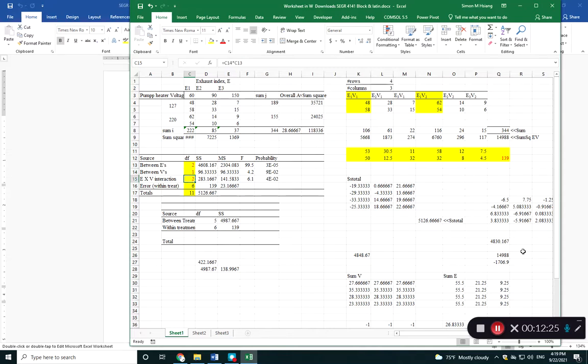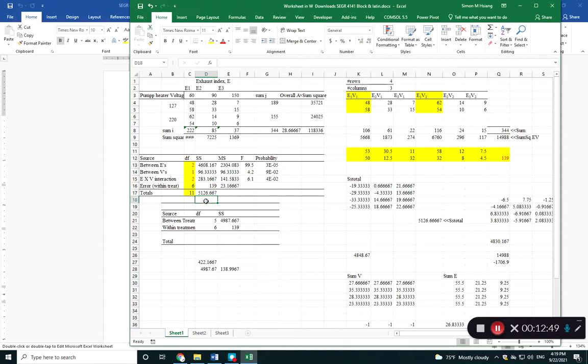Or you can consider it this way: 3 minus 1 times 2 minus 1 equals 2. I don't want you to memorize it. I want you to see it. Next, on the variance, I can consider first the totals.